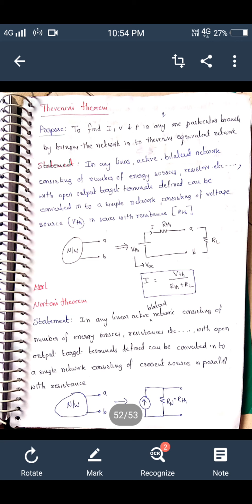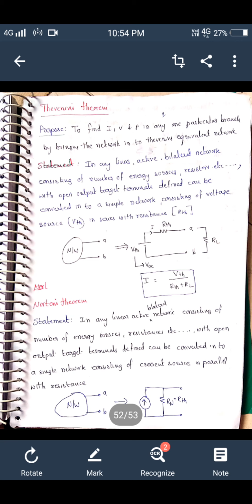Again, the main disadvantage of theorems is that if you calculated the response in any one particular branch, and then want to find any other branch response, again we have to apply the theorem separately.